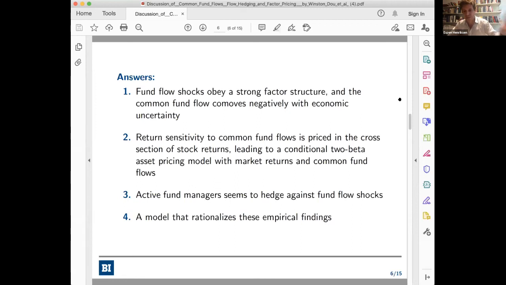And we see clear evidence that active fund managers seem to hedge against fund flow shocks. Then the authors write down a model that tries to rationalize these empirical findings. So these are three really interesting and robust empirical findings, and on top of them we add a theoretical model that rationalizes them.